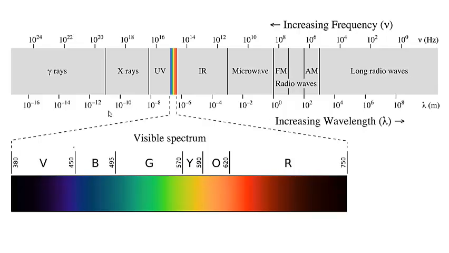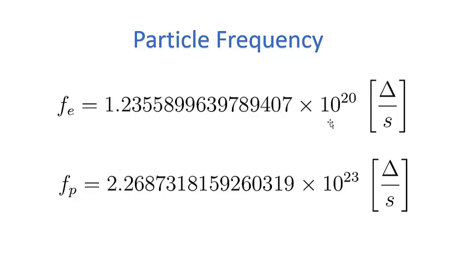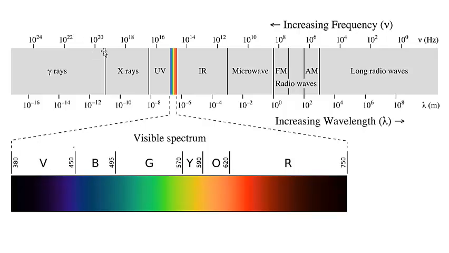Now on the bottom here we have the waves in terms of wavelength, and up here we have the waves in terms of frequency. And as you can see, the frequency of the electron is in the order of 10 to the 20 hertz. And 10 to the 20 hertz is just a little bit above X-rays, almost between X-rays and gamma rays. It is well known that electrons are X-ray emitters.